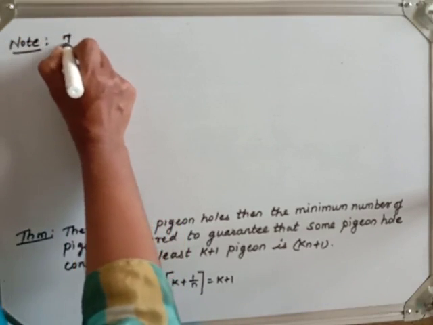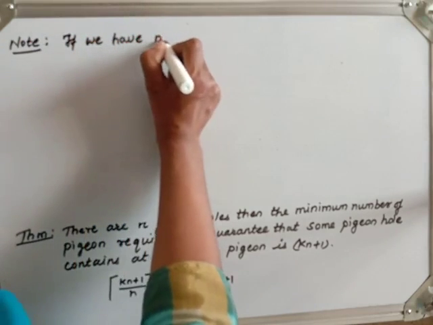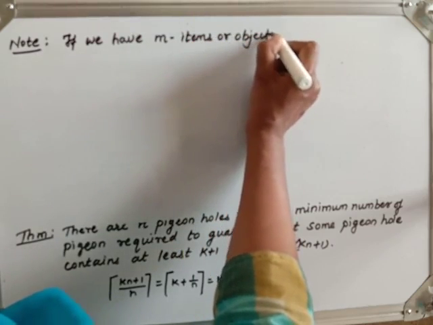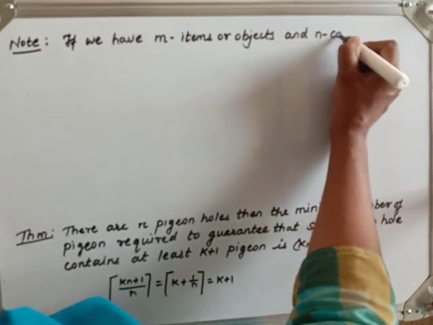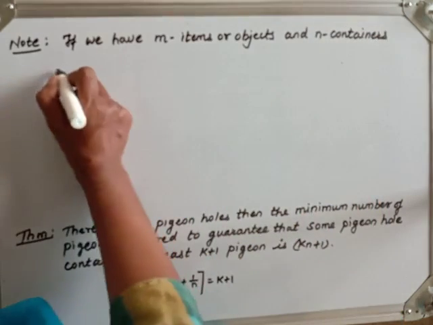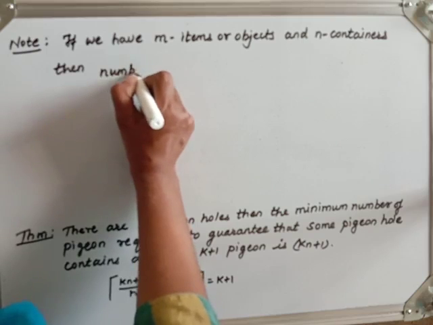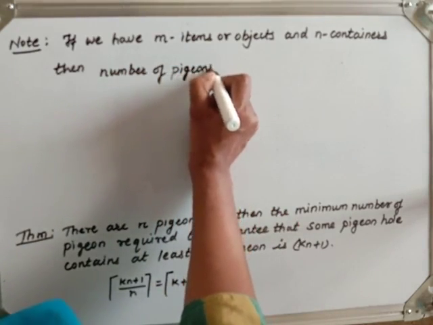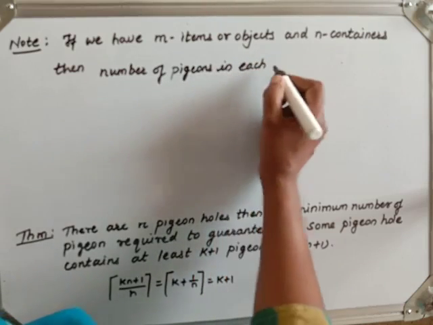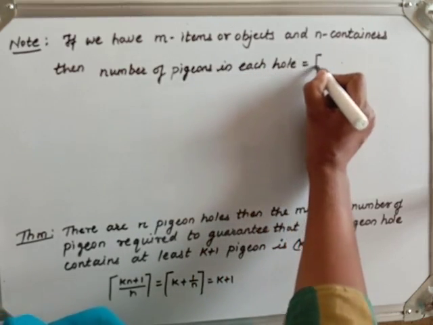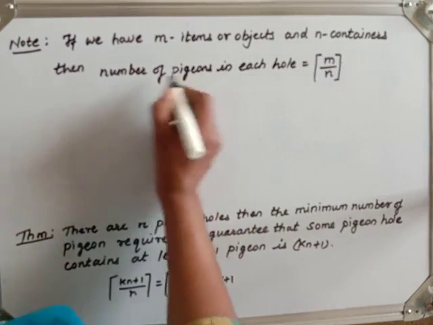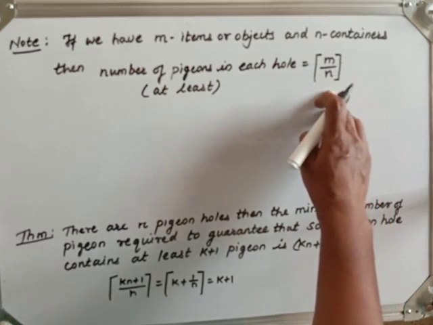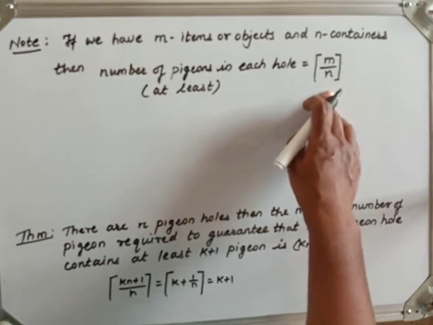The note says, if we have m items or objects and n containers, then the number of pigeons in each hole is m by n, at least this m by n. Fine. Now let us see the example.